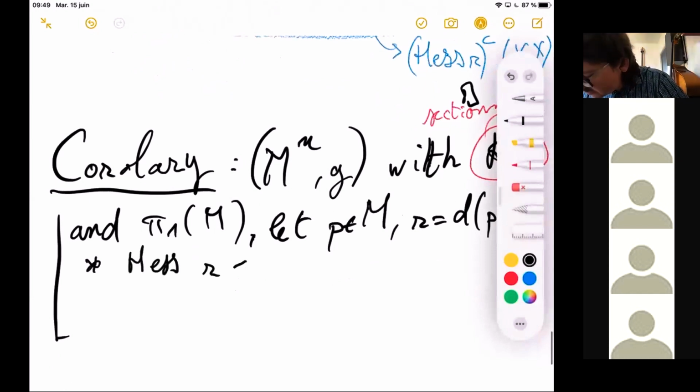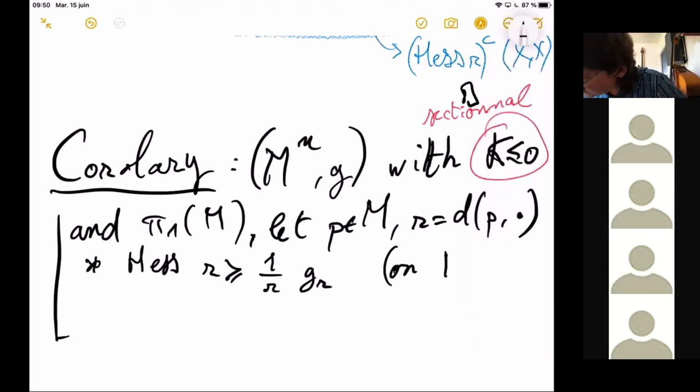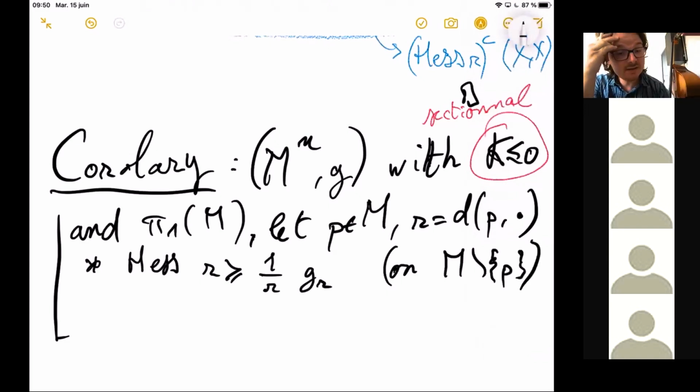So the Hessian of r is bigger than 1 over r g_r. And this is true on M minus the point p, because distance is not smooth at p.